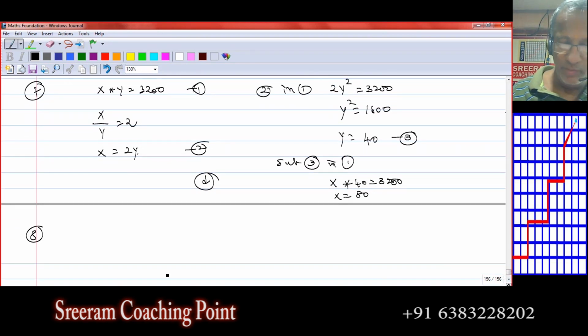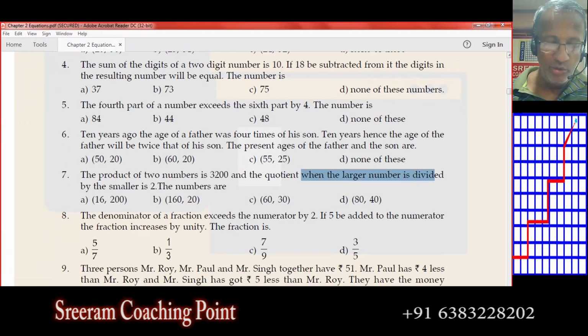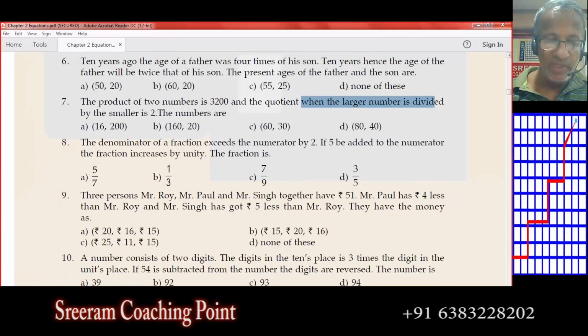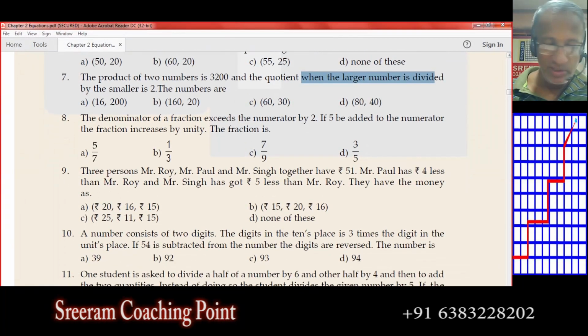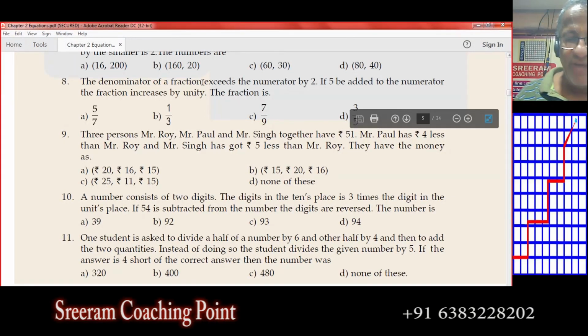We should be in a position to interpret the given information into equation, then solve it and make a good percentage. Shall we proceed? All of you, are you clear? Yes, sir. The denominator of a fraction exceeds the numerator by 2.